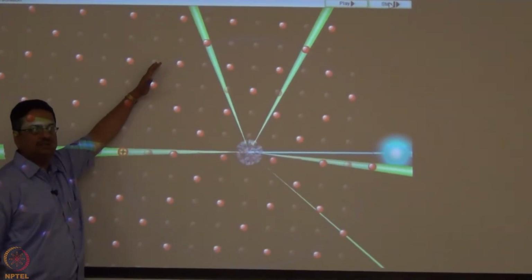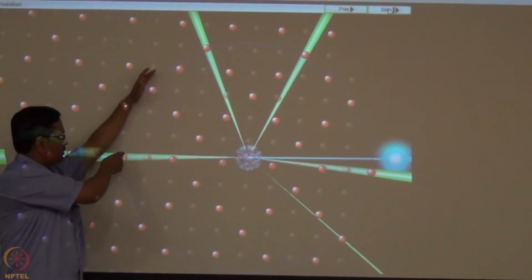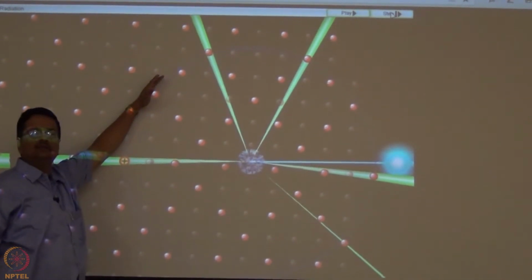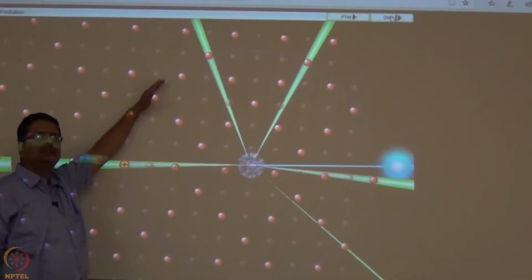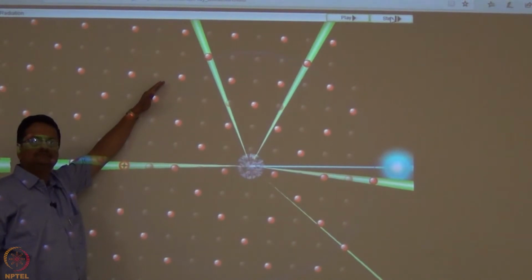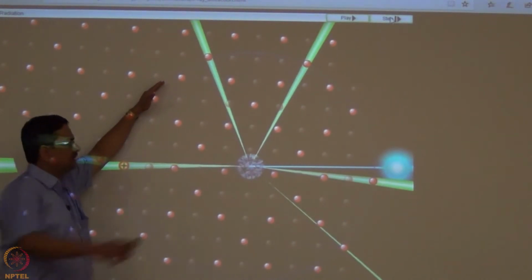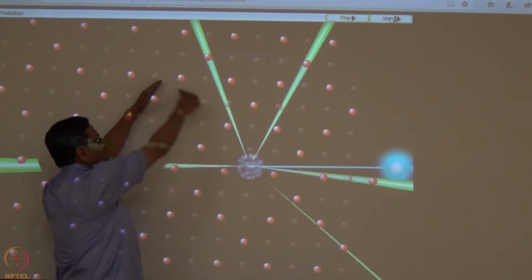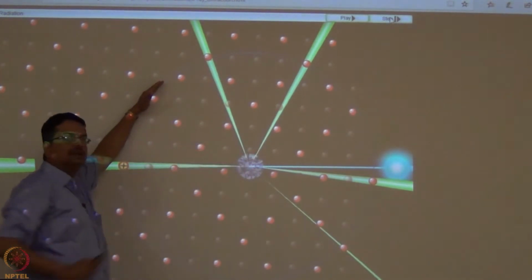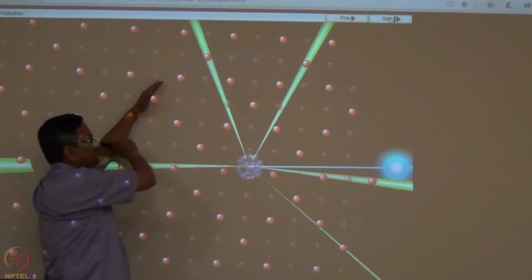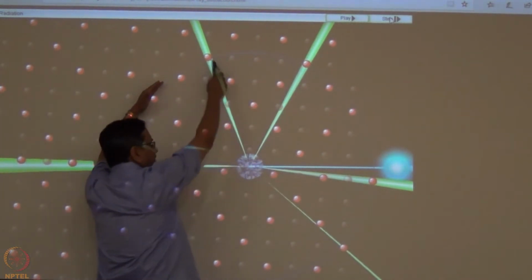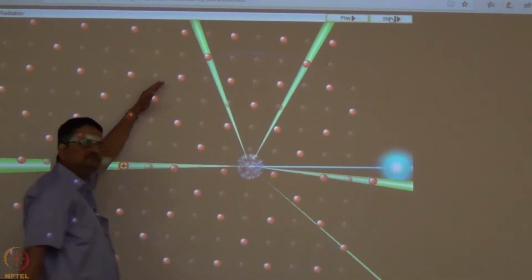If you have put the detector here, you are technically covering from about 0 degree to about 55-60 degree in theta. So anything that comes from here up to this is going to be recorded. This detector is not going to record this or that reflection.